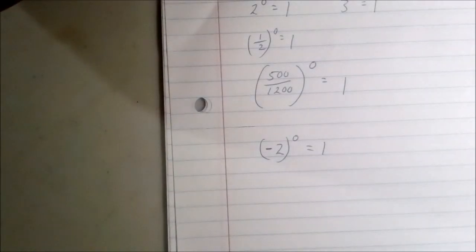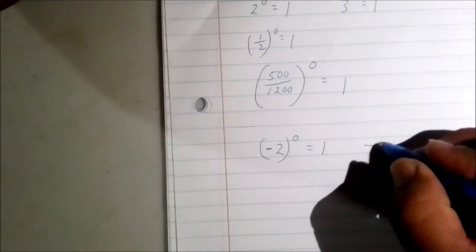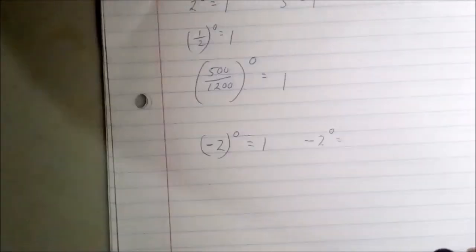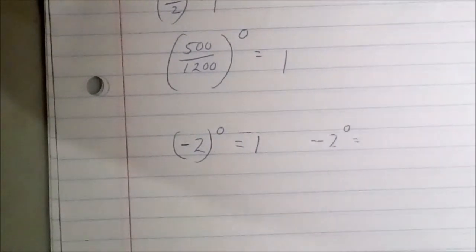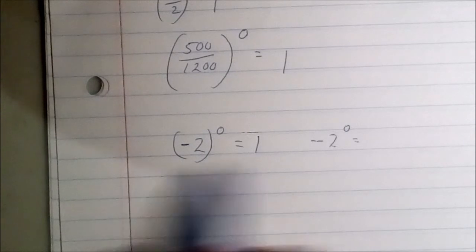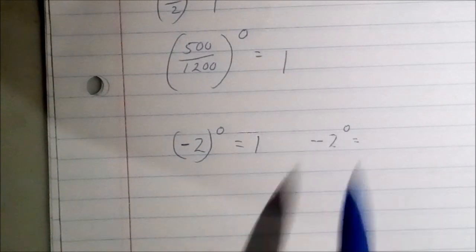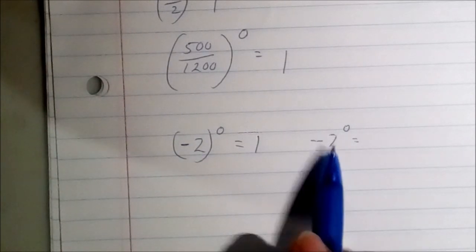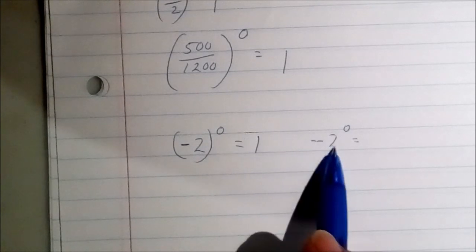But what about when we have negative 2 to the 0 power, without the bracket? How much is that? Well, negative 2 to the 0 power is different from (negative 2) to the 0 power. Two different scenarios. Therefore the base here is not the negative 2, but simply 2.